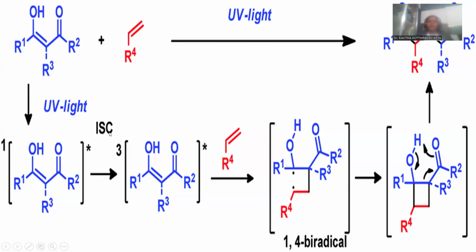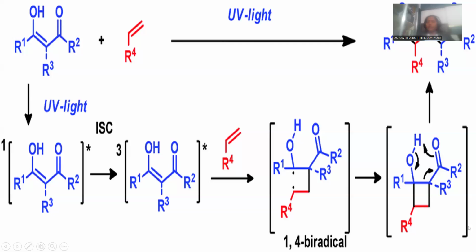So intersystem crossing takes place within the compound, and the triplet excited state is formed. In the presence of UV light, the singlet excited compound goes to the triplet excited state. After getting this excitation, the molecule is more viable for 2+2 cycloaddition. In this manner, homolytic fission takes place, and here you can notice the odd electrons.